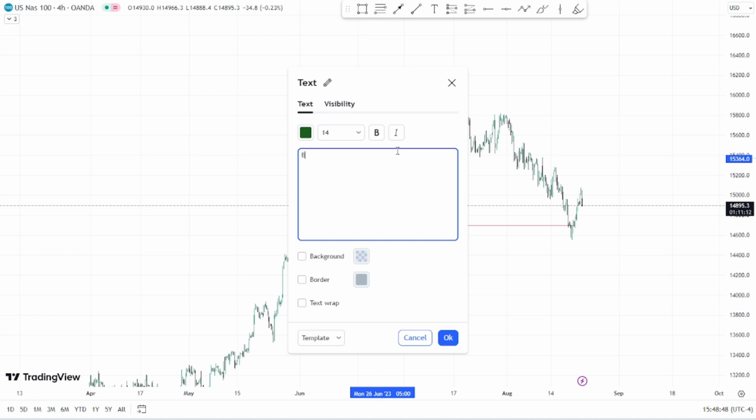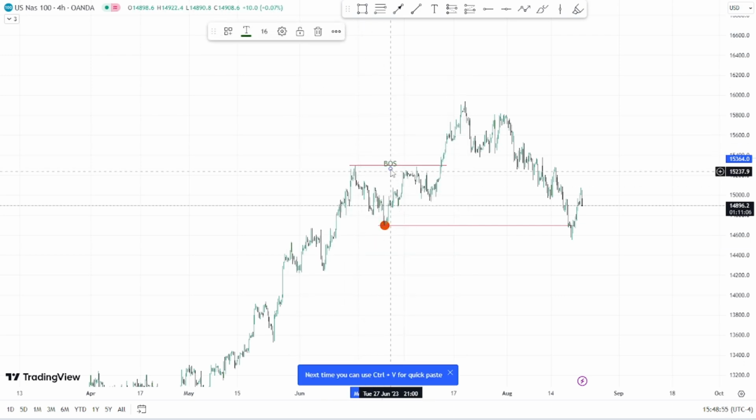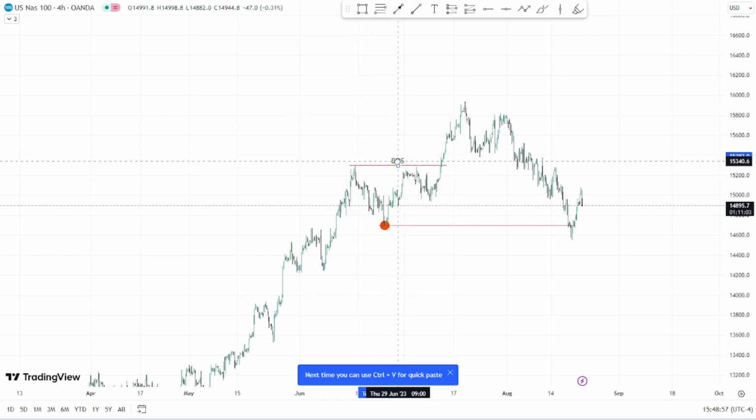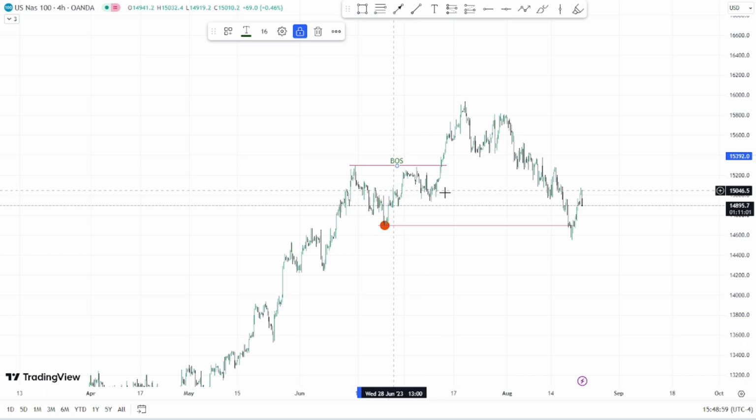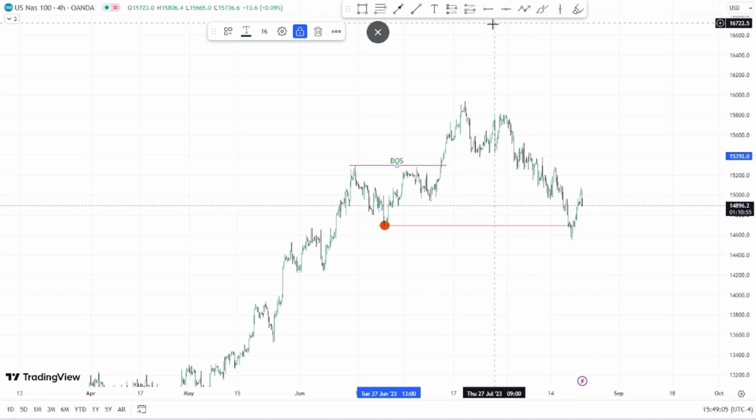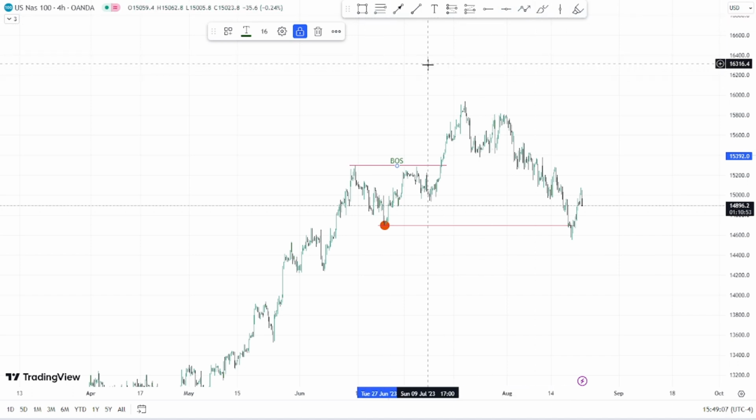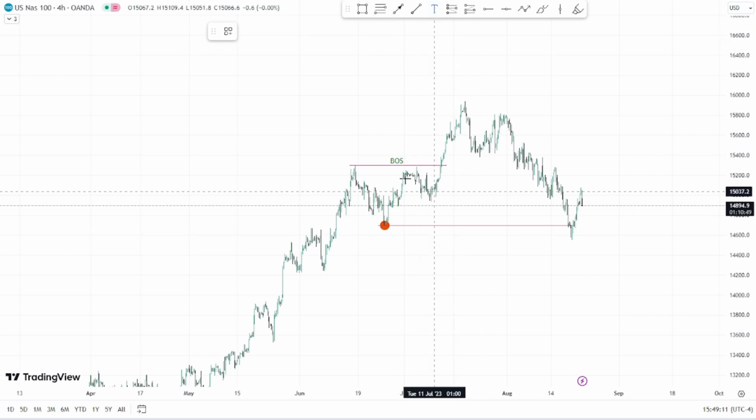So this is our BOS, which is a break of structure. Let me just increase it. Now this is smart money concept, right? It's not ICT. I don't even know what the difference is between ICT and SMC, but I would like to believe this is SMC because I don't know ICT that much.